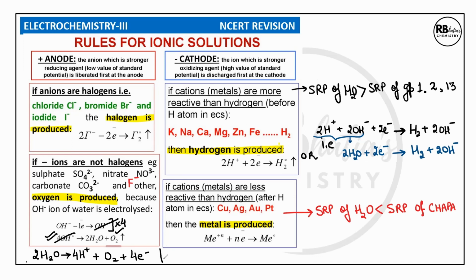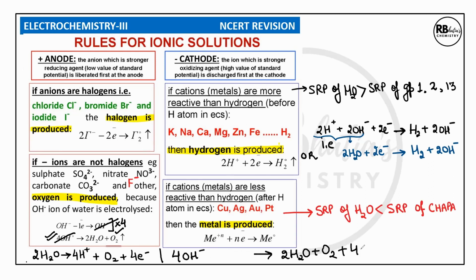On adding the two equations, we get 4OH negative ions minus 4 electrons giving 2 water plus oxygen, or these 4 electrons can be taken to the other side.